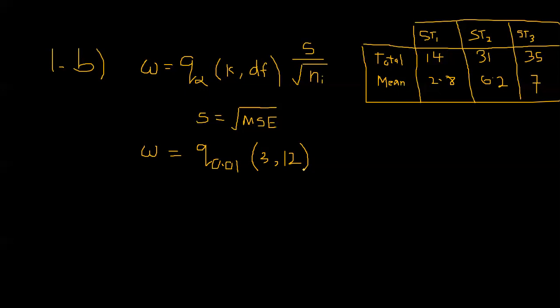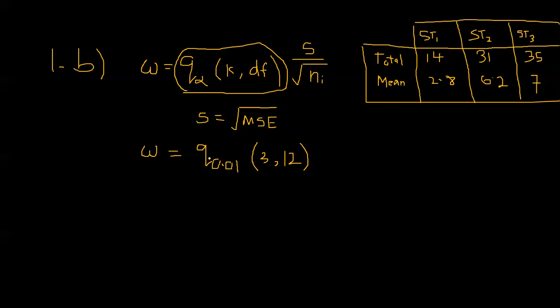So remember, if you refer to the formula and the lecture notes, we must get the value of this one first. So how to get this value? We must refer to the Tukey table.